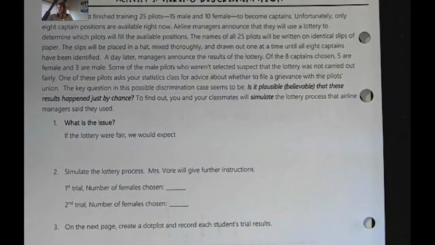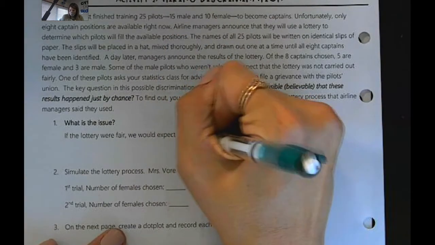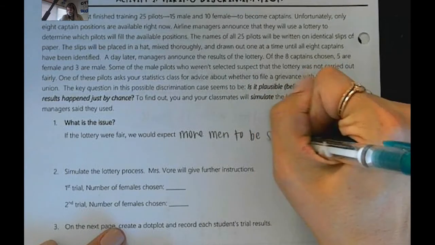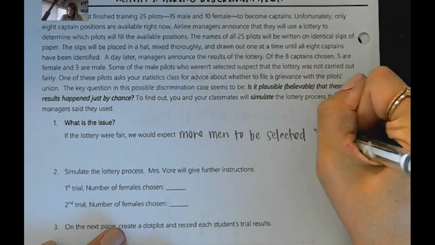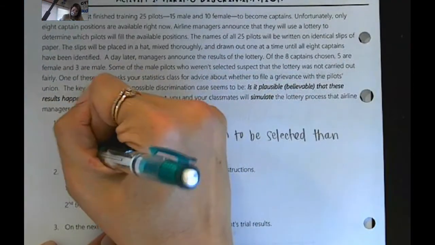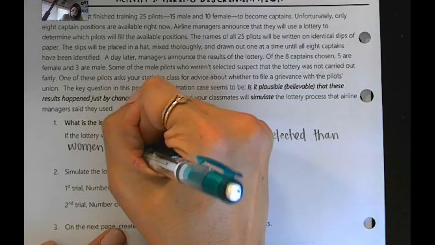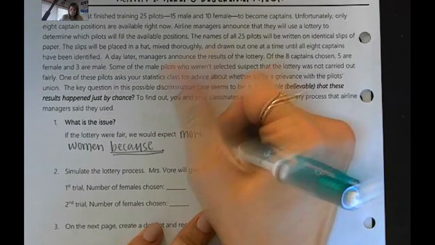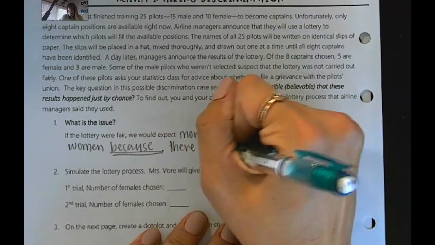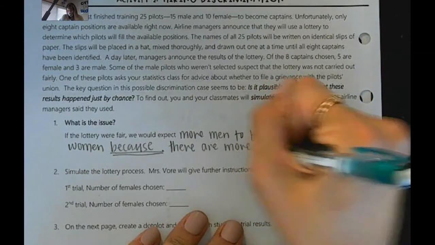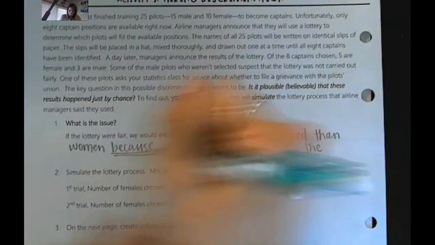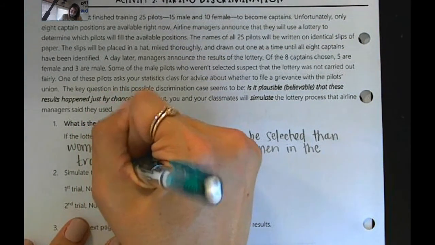We're going to say, if the lottery were fair, we would expect more men to be selected than women because, this because is one of the most important parts, there are more men in the training group.